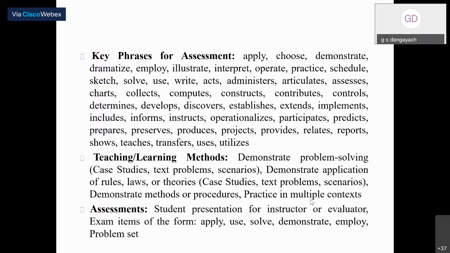So why are so many words given? Because you can select any one as per your English grammar and whichever fits your sentence or your topic.